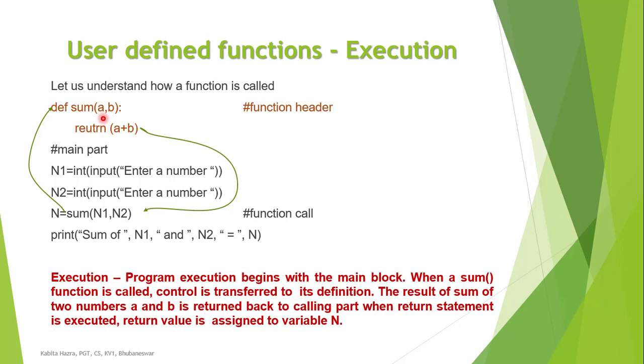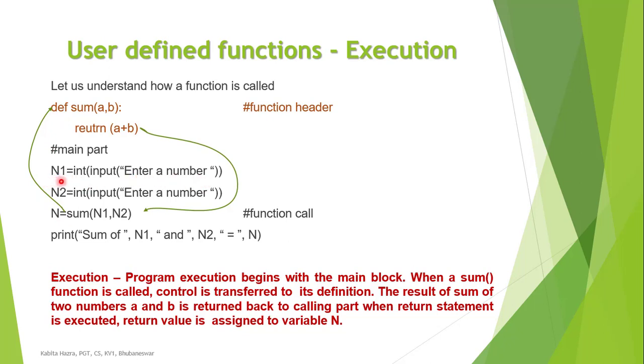The function body comprises a return statement which adds the numbers a and b and returns the result. Where we take the input for two numbers, that is the main part. You see this is not indented, so it starts from the leftmost margin.